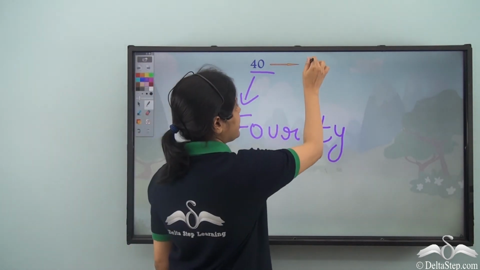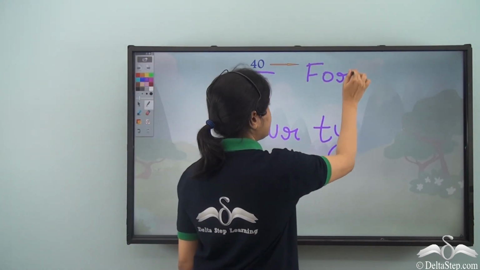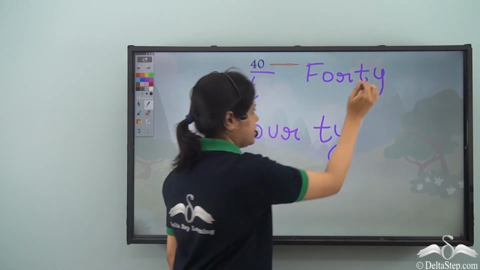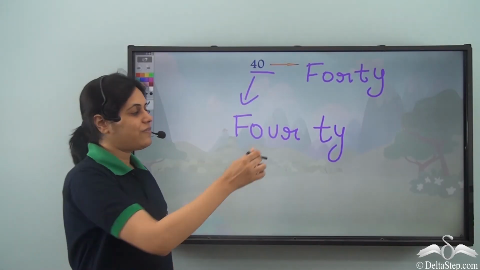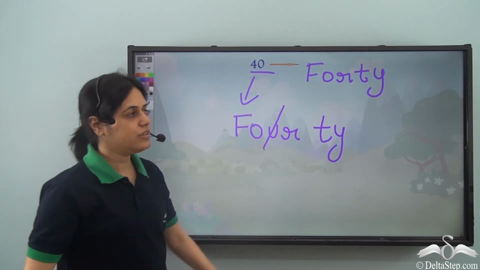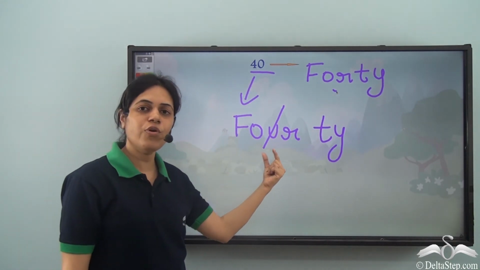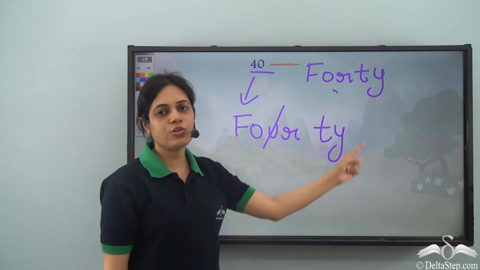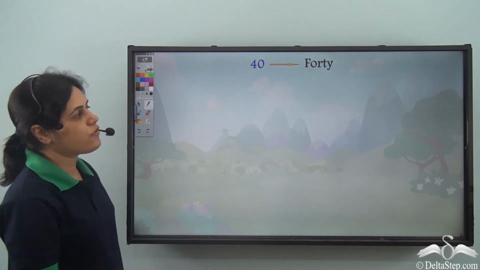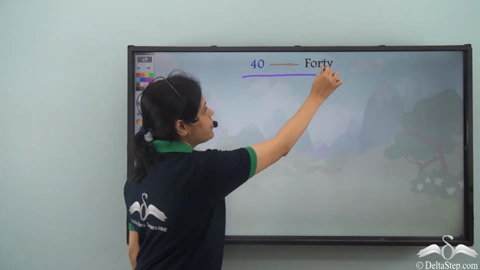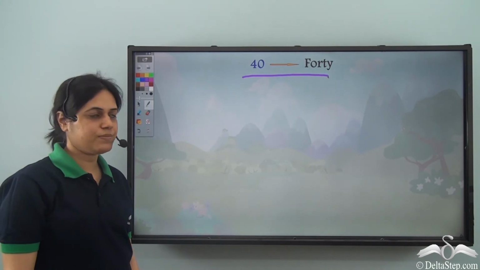So the number name will be FORTY. Just note that we have not written this U here. Except for that, it is 4 and TY coming together to give us 40. So this number here is 40.